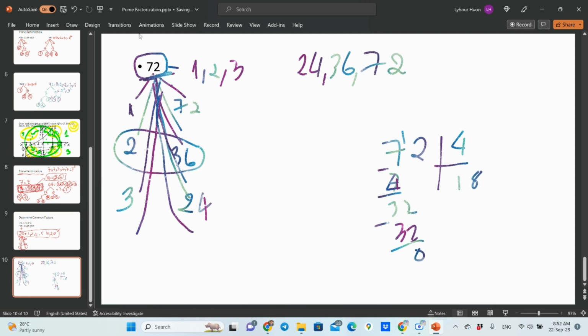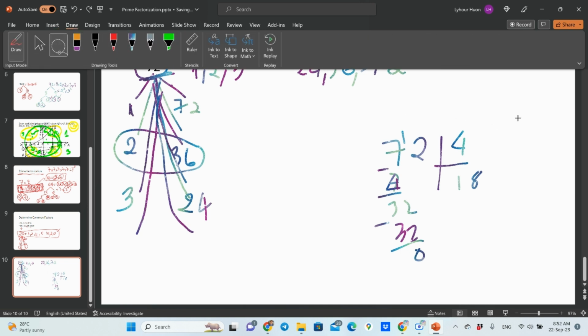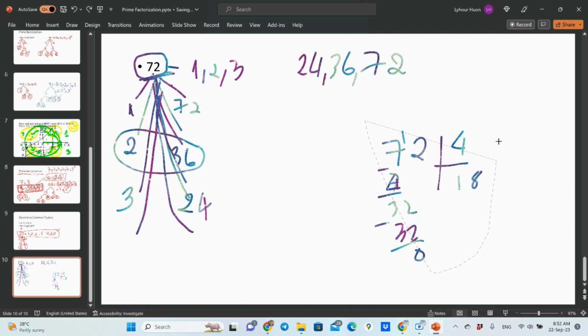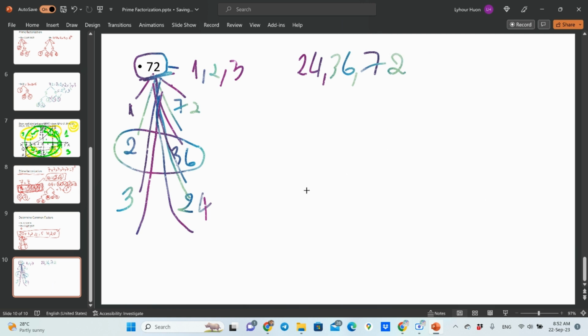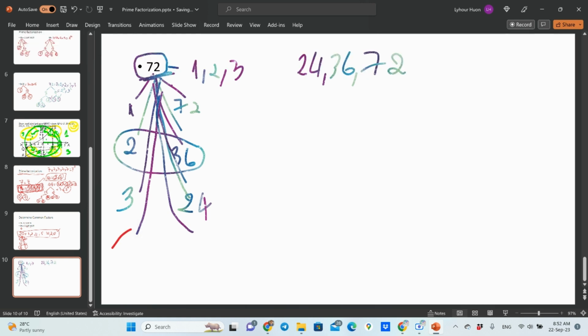Zero. Okay, so this is divisible by 4. So the next pair is 4 and 18. So we write down 4.